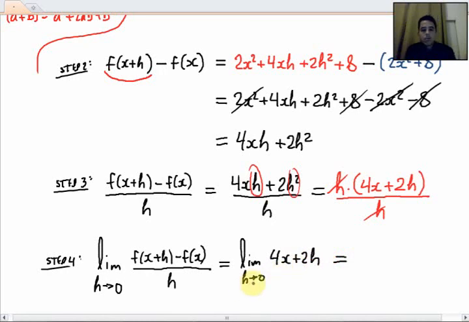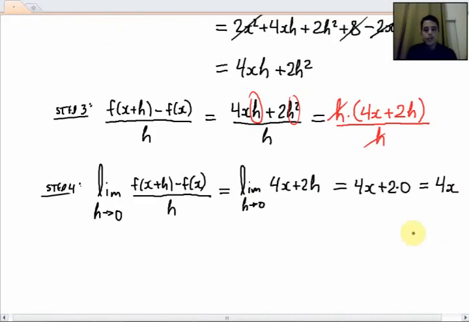This is a simple expression. There's no denominator, so we don't have to worry about it. We can simply plug 0 in there for h. So this is 4x plus 2 times 0. h goes to 0, so we can put 0 there. There we go. So this is just 4x.